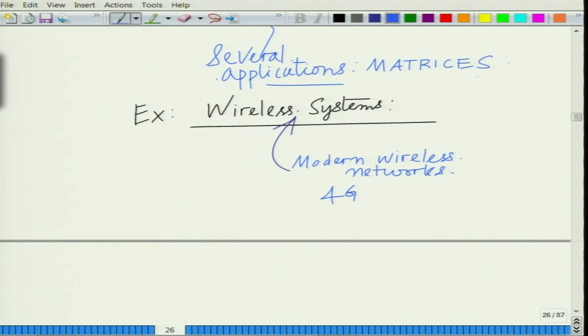You have the 4G, and in the future you will have 5G, and of course you have also the Wi-Fi. And these modern wireless systems are based on a very interesting technology, which we call the MIMO technology.